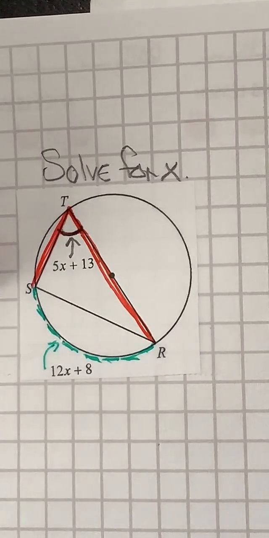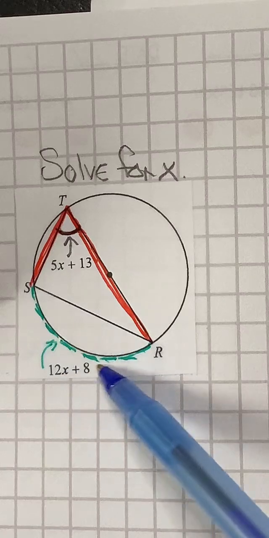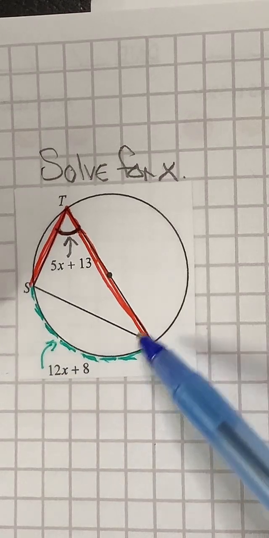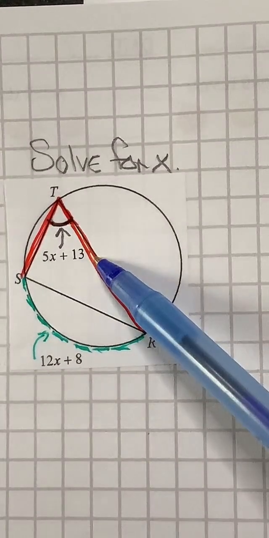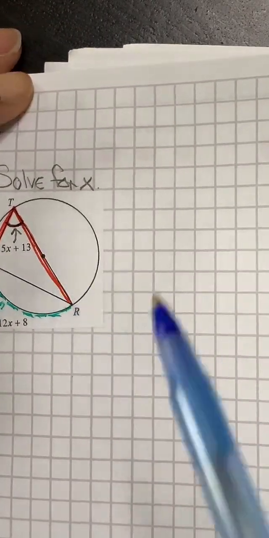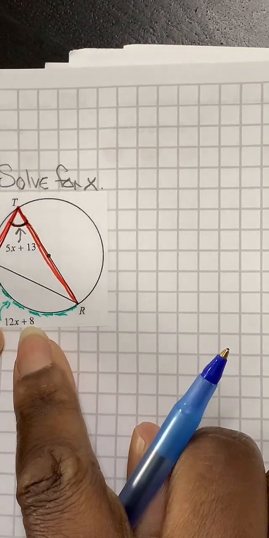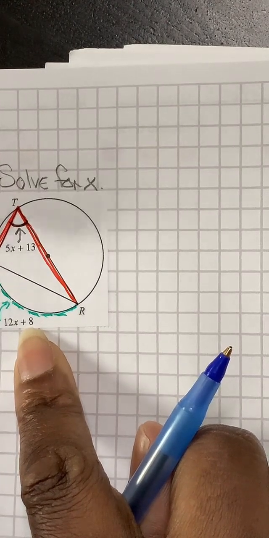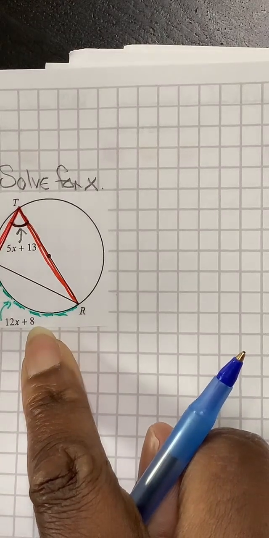All right, so we know that the measure of the arc is going to be twice the measure of the angle. So the best way to do it is we could either take half of this arc and set it equal to the angle, or we can double the angle and make it equal to the arc.